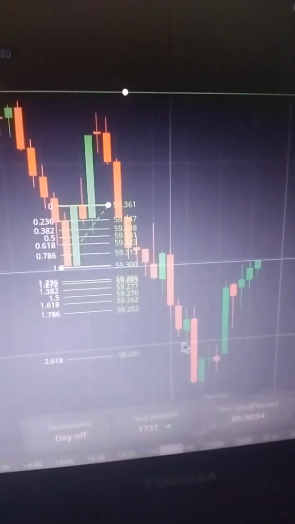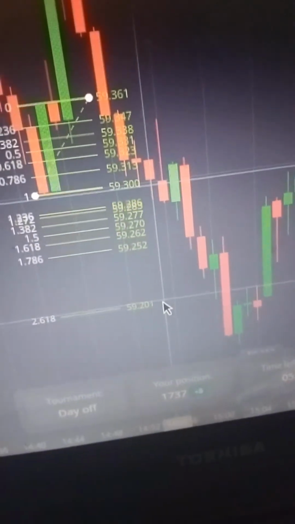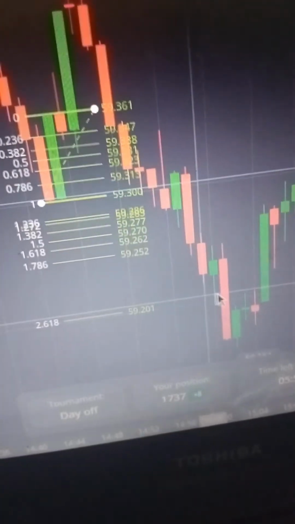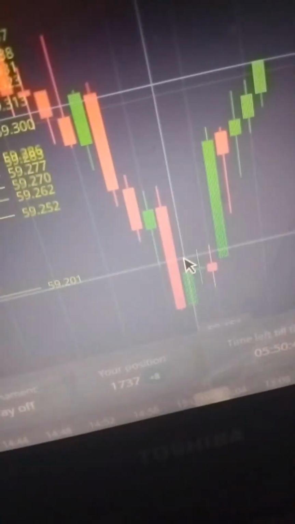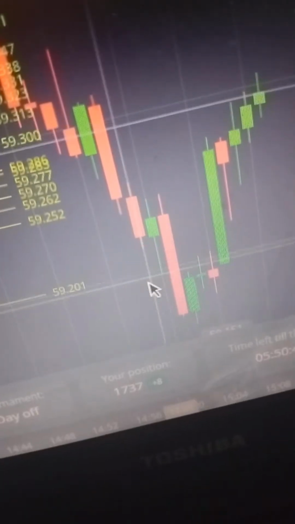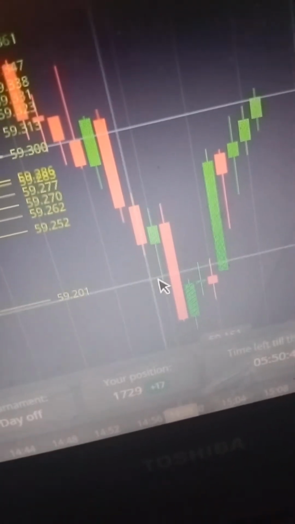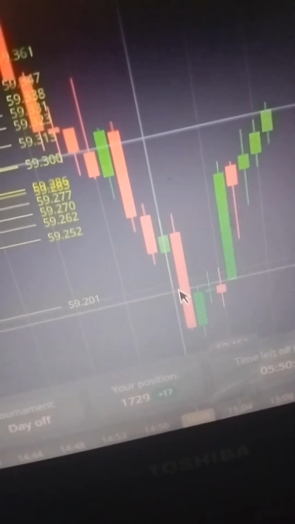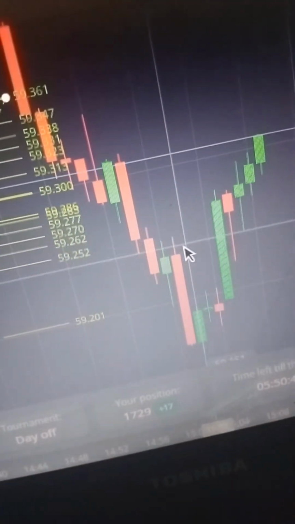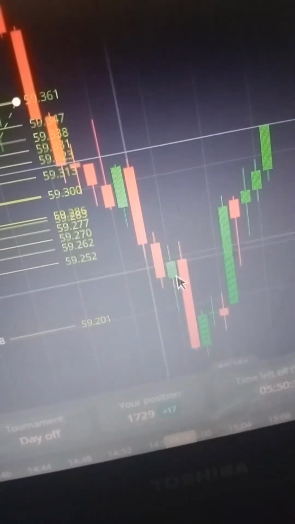And look at that. That is our target. Look at this candle. After hitting that TP, boom, it pumped to the upside. We are getting the most out of it.